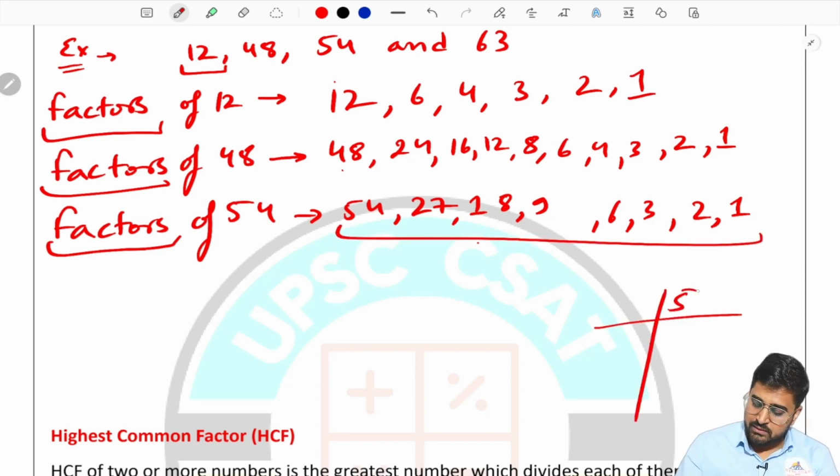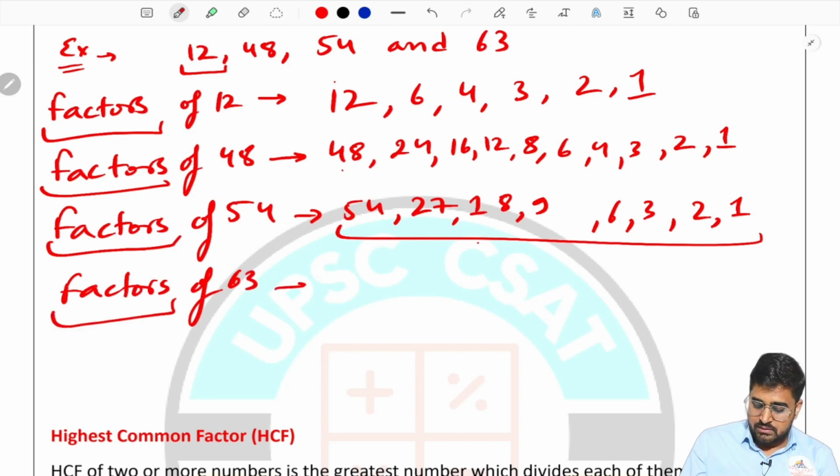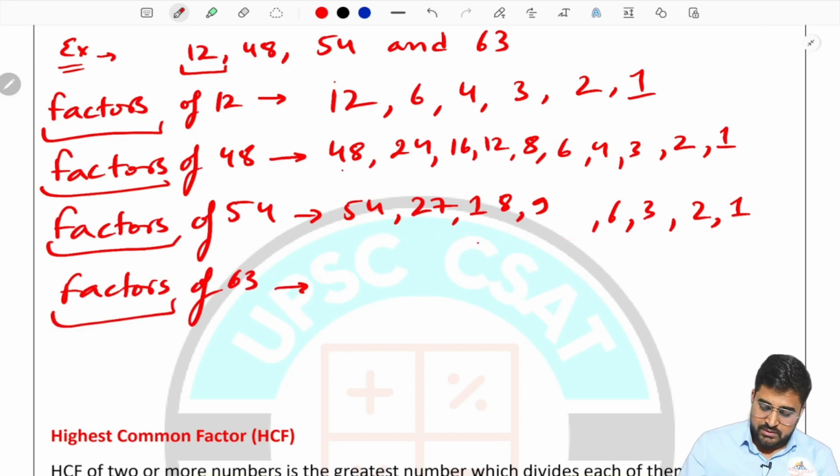You can solve it like this also if you want to. Otherwise, just try to multiply them, you will get the answer. And what do we have now? Factors of 63. 63 into 1. Now if you put 2, you will never get an odd number. 3?